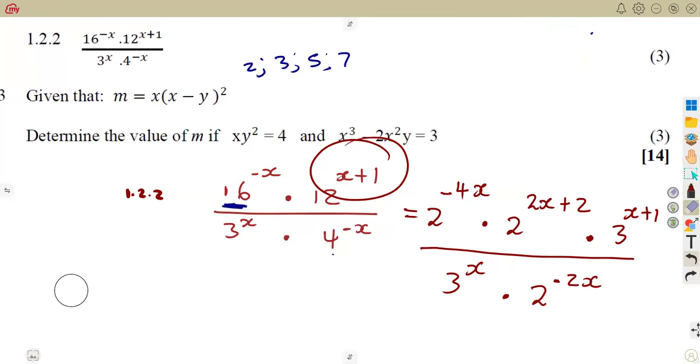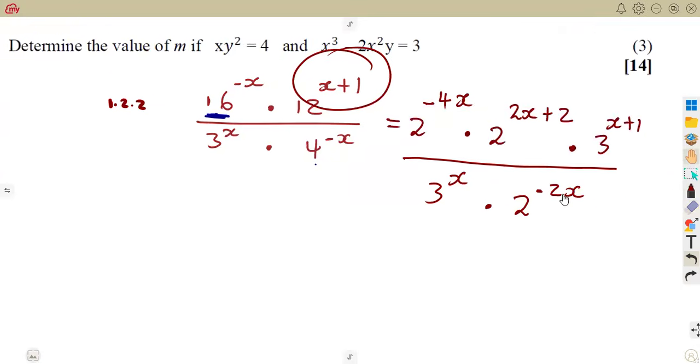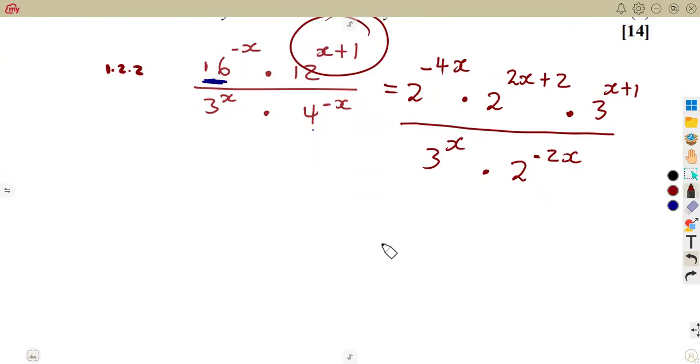Now you apply the laws of exponents. If the bases are the same and we are multiplying, remember you're supposed to add the exponents. So that is 2 to the exponent of minus 4x, plus we add exponents. I'm talking about where we've got the base of 2.